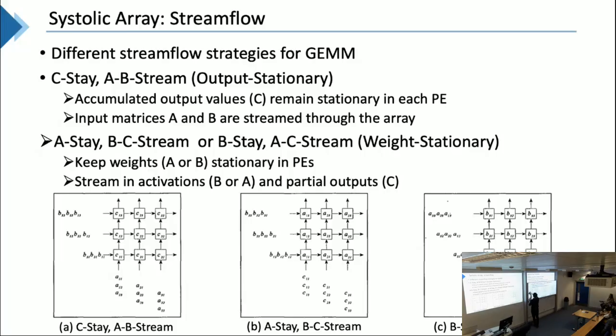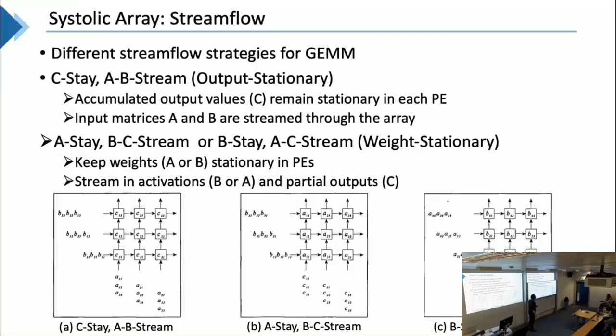Let's say you have a matrix multiplication, and you multiply A with B, and you get C. The first data stream is what we call C stay, AB stream, which means we take these two input matrices as the input data and stream them into this systolic array to get the corresponding result.